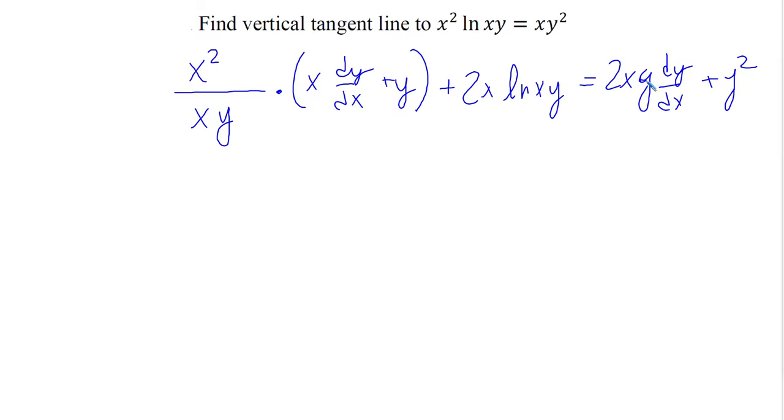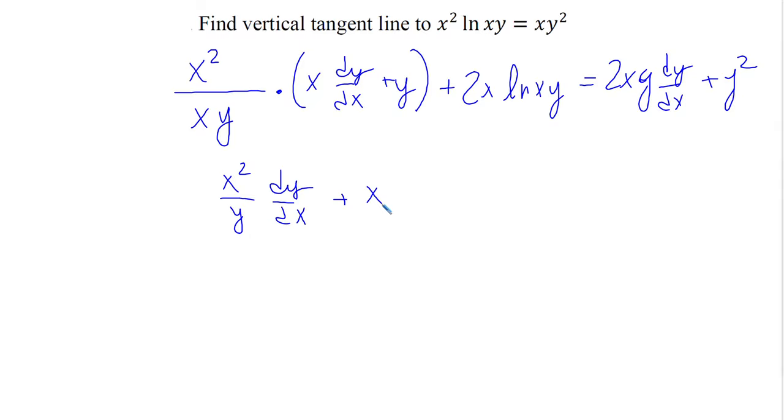Right? If I distribute the x squared over xy to the x dy/dx and the y, we're going to see the x squared over the x is just an x. And so when I multiply that by x dy/dx, we're going to get x squared over y dy/dx. And then the y's will cancel when I distribute the next, plus the x's will cancel, so I just end up with a plus x.